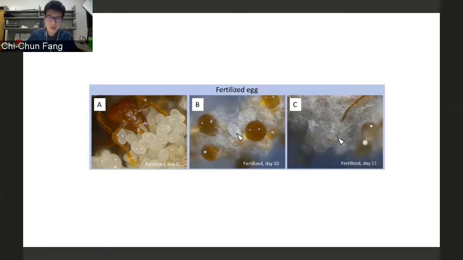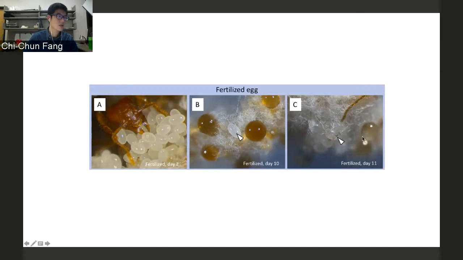And the fungus, the mycelium, cannot intrude into those eggs or harm them. In figure B, you can see the mycelium grow on the surface of the egg, but the egg is still in a good status.